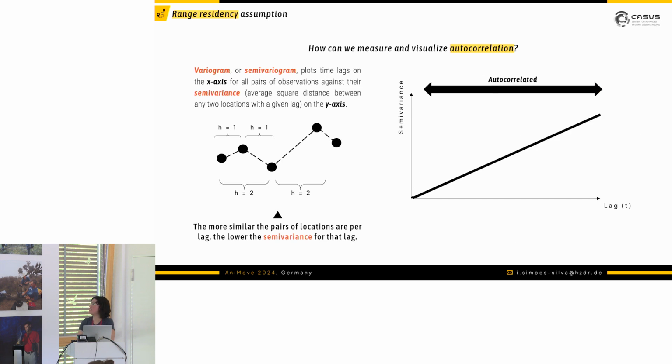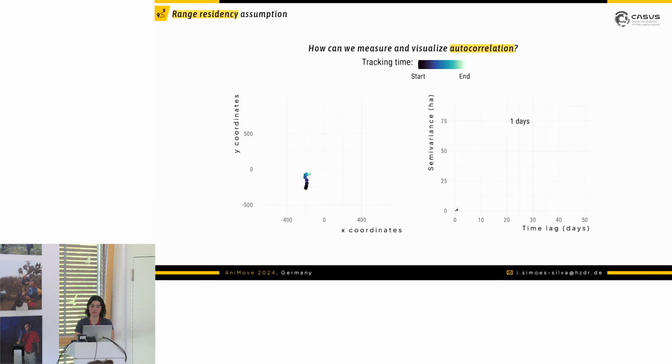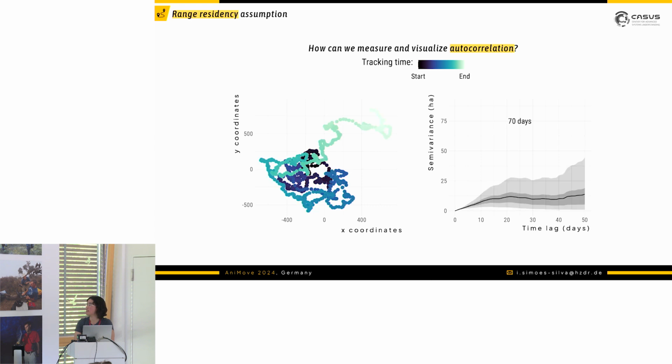But obviously, there are cases, and this is what Brownian motion would show, where the animal just keeps expanding and going further and further away, and the variogram would keep increasing as well. So we can see, as we collect more and more data, eventually the variogram stabilizes, right?